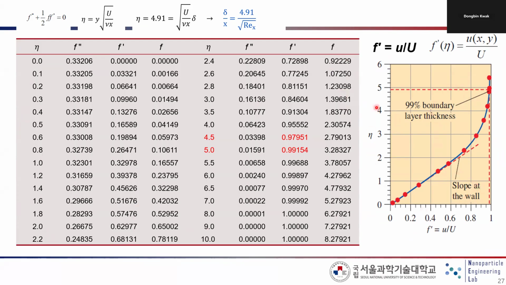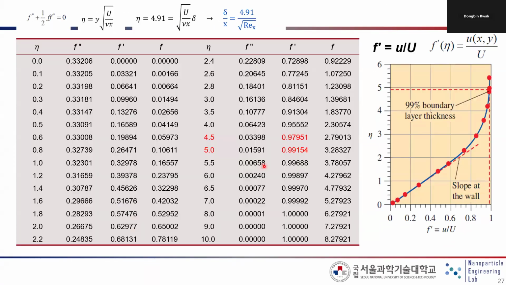But if you use the Blasius similarity solution, just using this table value, we obtain those graphs. If you want the x equals 3 meter profile or the 0.5 meter profile, you can just use this table value and get the result within 1 second.